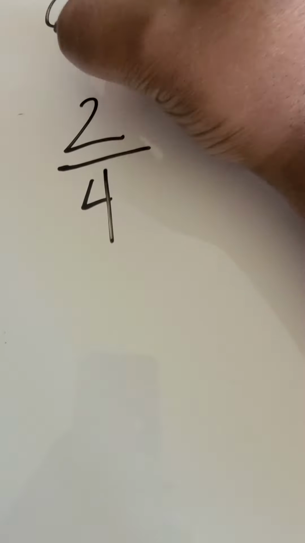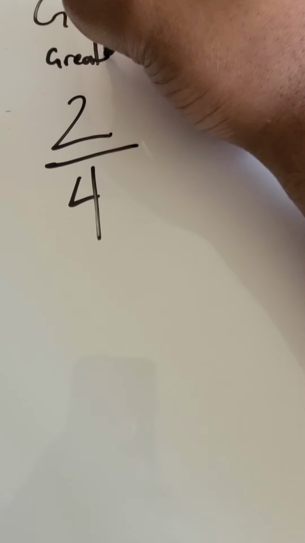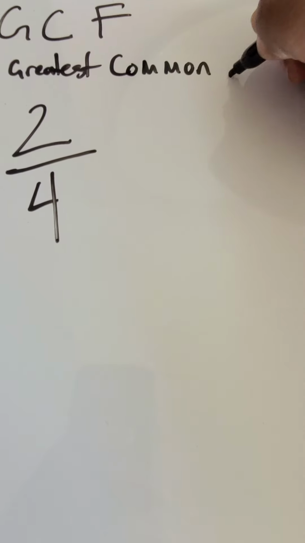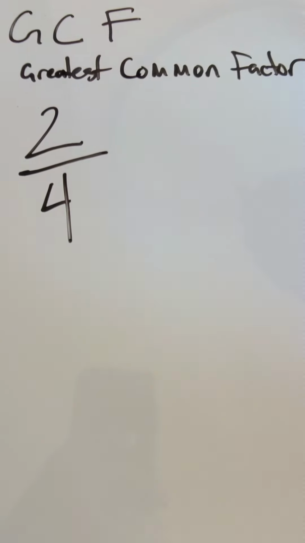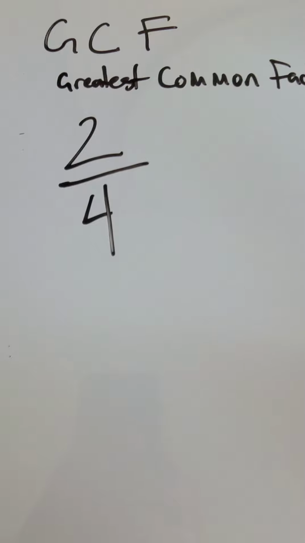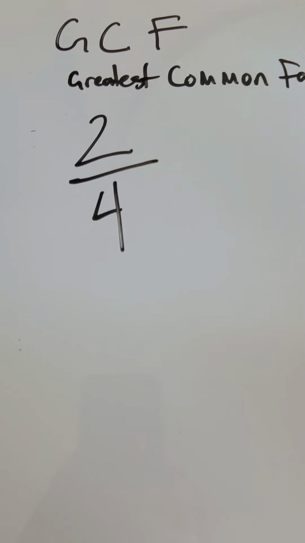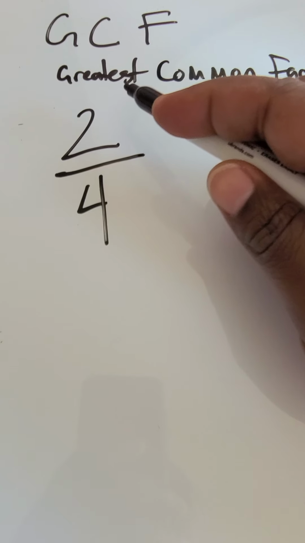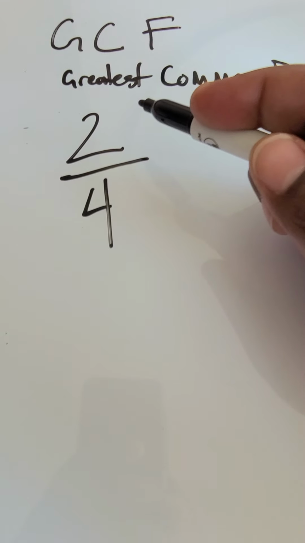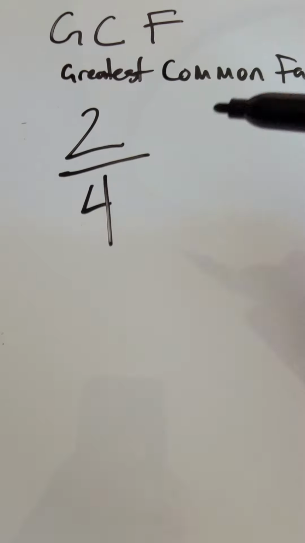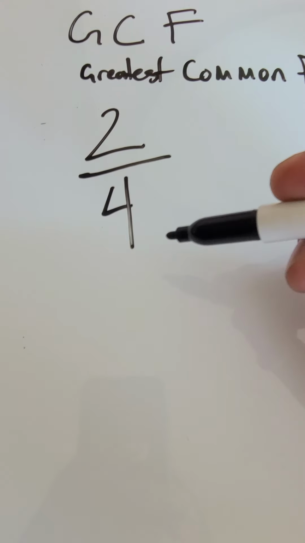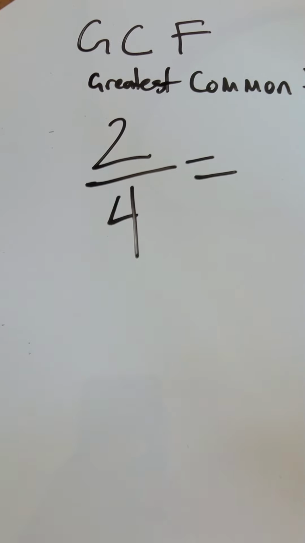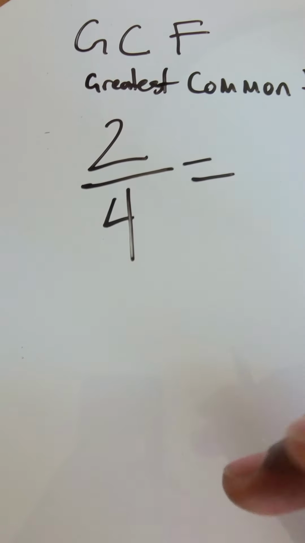The greatest common factor that the numerator and denominator have in common. Either it'll be greatest, or it'll be largest. The concept is we want the biggest common factor that the numerator and denominator have in common in order to reduce this fraction.